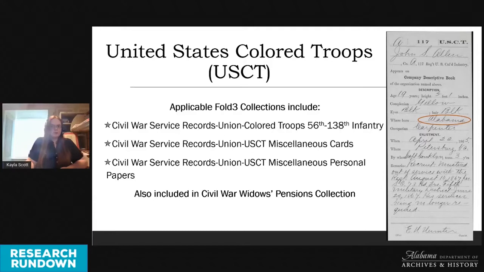Some applicable collections on Fold3 include Civil War Service Records, Union, Colored Troops, 56th through 138th Infantry, Civil War Service Records, Union, USCT Miscellaneous Cards, and Civil War Service Records, Union, USCT Miscellaneous Personal Papers. Widows' pension files for USCT soldiers' wives can also be found in the Civil War Widows' Pension collections.